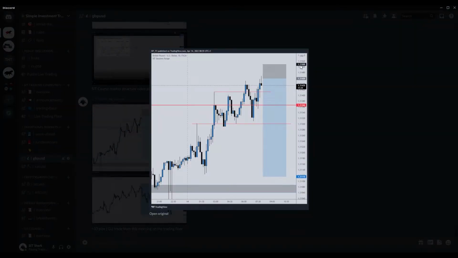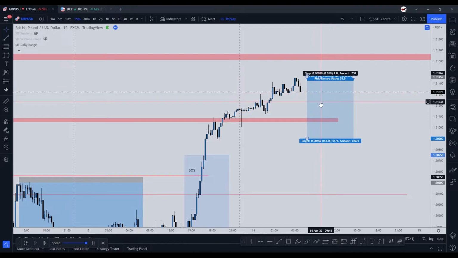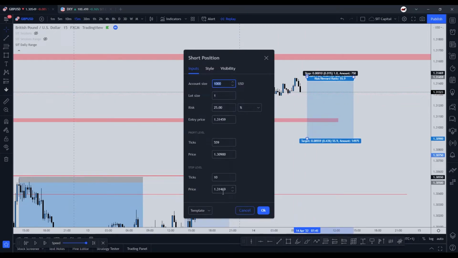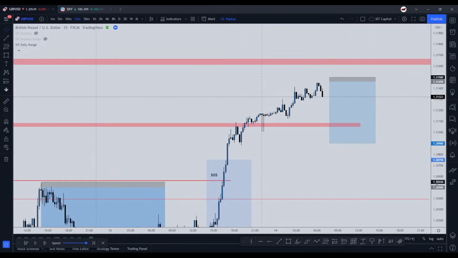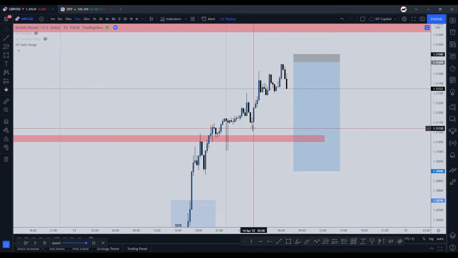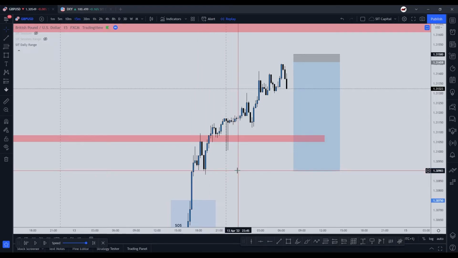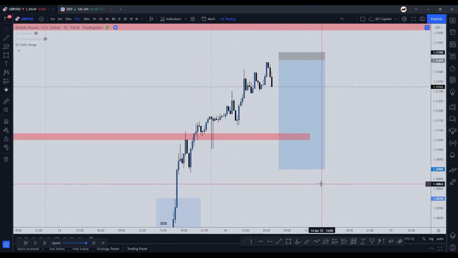Our stop loss was around 1.3159, and our entry 1.3145, and we were just waiting to see if price would reject these highs, and if we could take down the first Asian lows, which was around 1.3113, and the second, at this level right here, 1.3090.